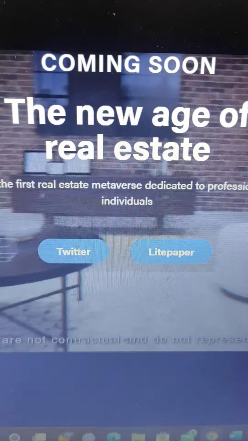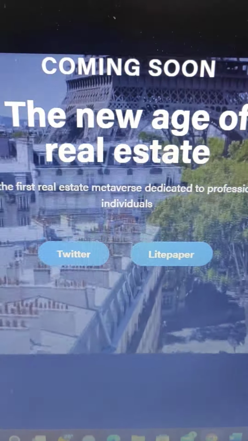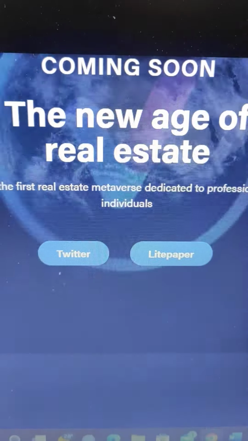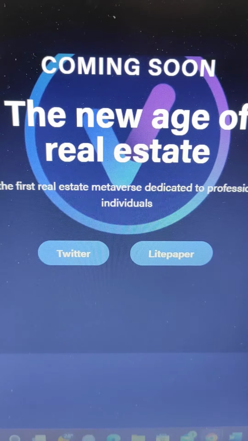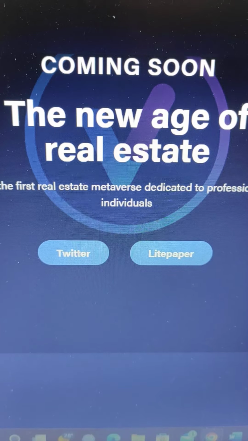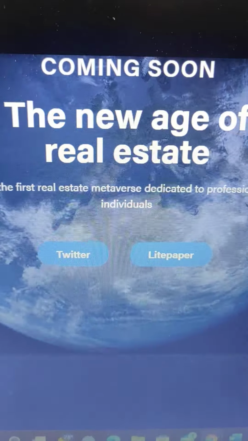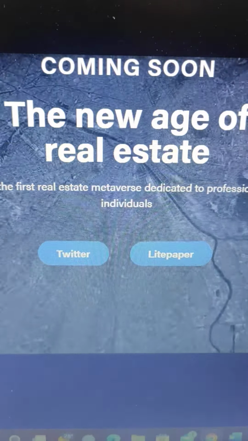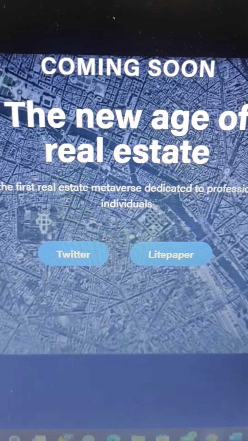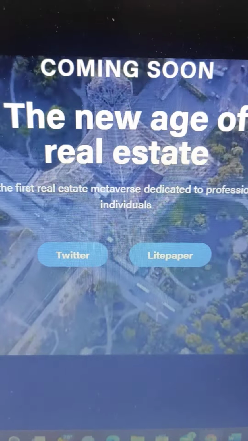So the main features are very different. We have services for service providers, which can be real or virtual, and can offer their help from the virtual world and intervene as well in Versity or the real world. We have a value creation, which comes from the purchase of parcels, which are NFTs.